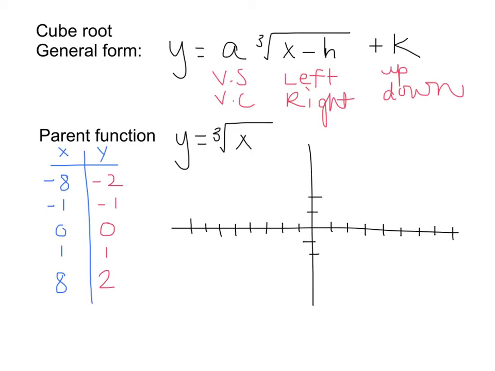Alright, negative 8, negative 2 is over here. Negative 1, negative 1, 0, 0, 1, 1, 8, 2. And your graph looks like this. The domain and range for this graph is really easy.